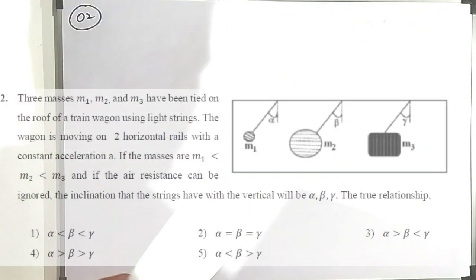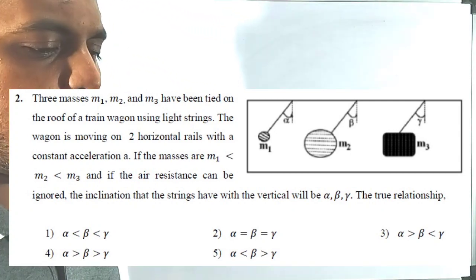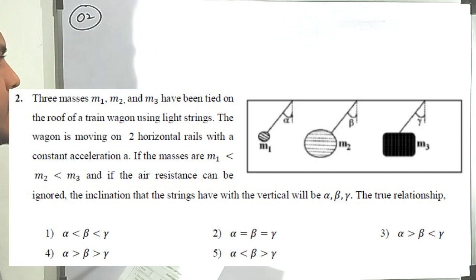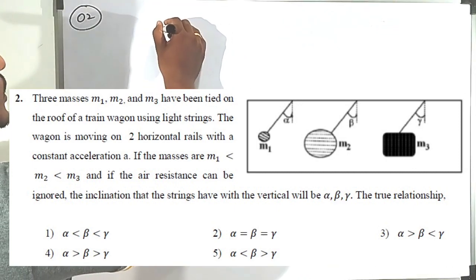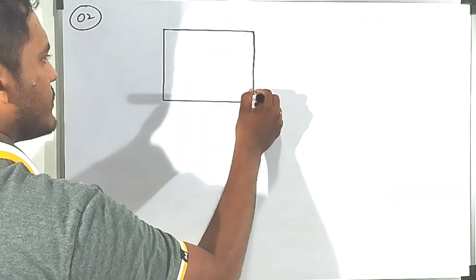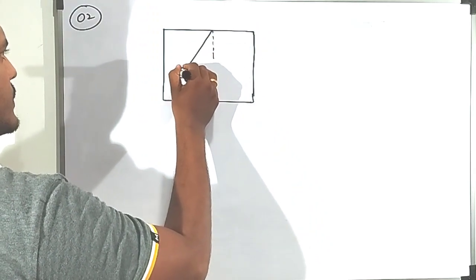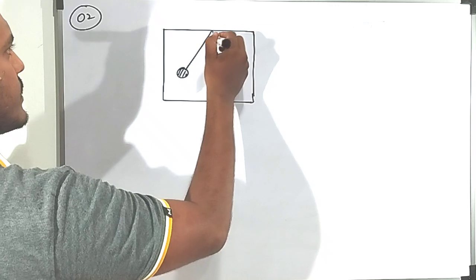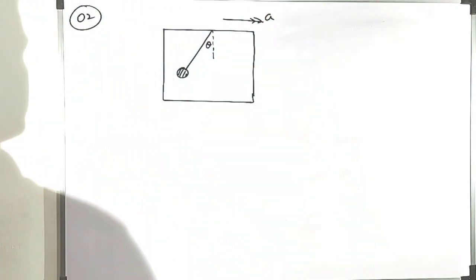According to the second question, 3 masses M1, M2 and M3 have been tied to the roof of a train wagon. Here I am taking an object of mass M hanging from the roof by a lightweight string, and the system is accelerated along the horizontal direction.